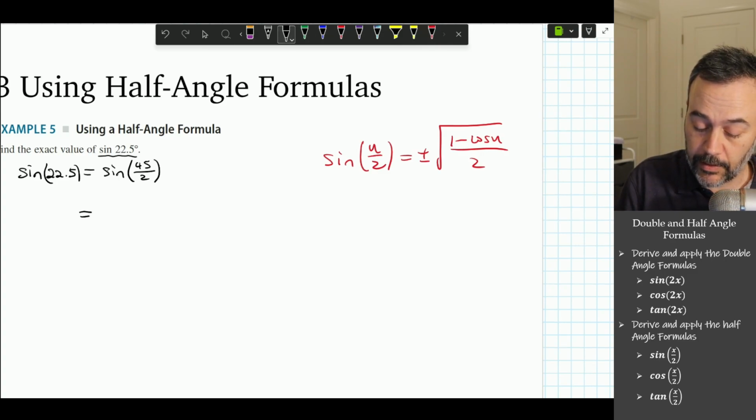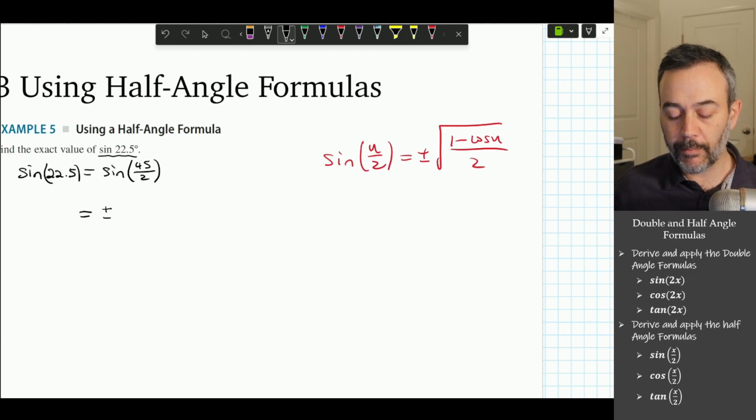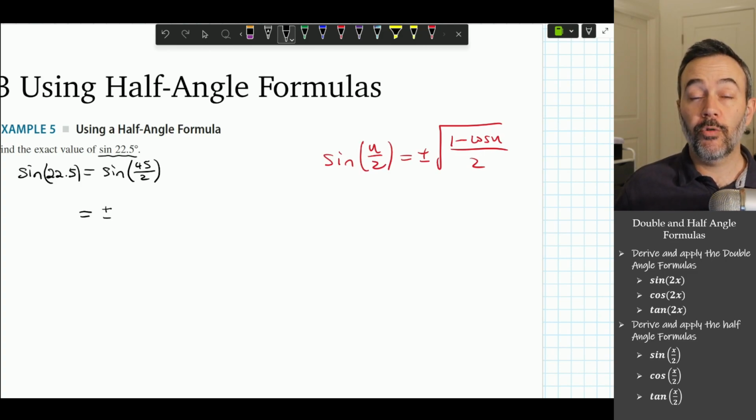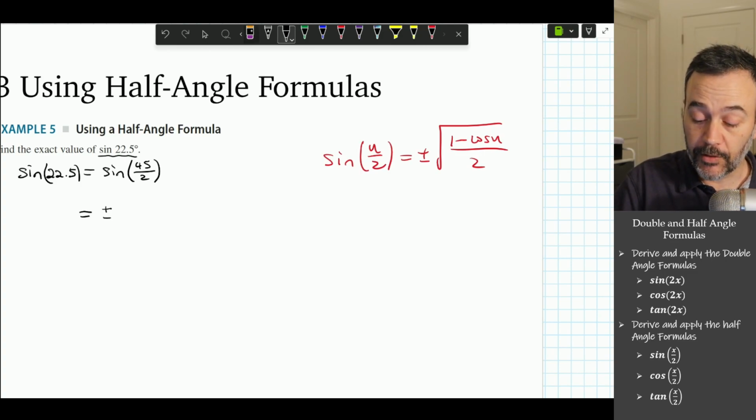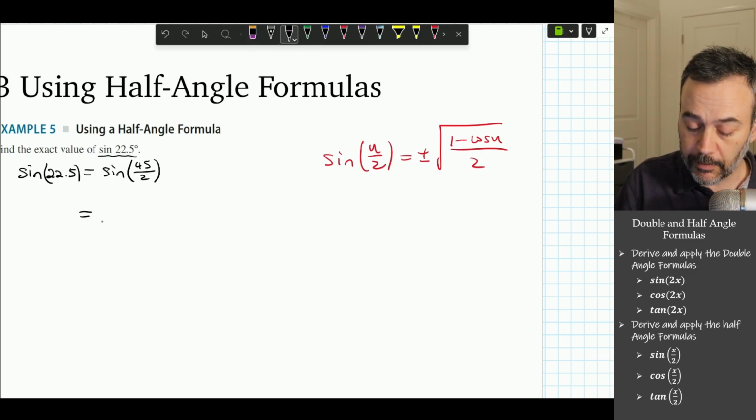All right, so let's do it. So we have sine of 45 over 2. So that is the same as plus or minus. Now, do we want plus or minus? 22.5 degrees is in the first quadrant. Sine is positive in the first quadrant. So we want the positive square root of 1 minus cosine of 45 over 2.